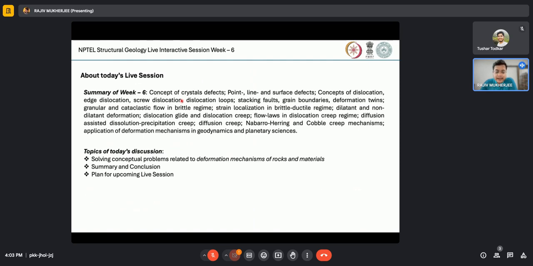So material behavior on a large scale, or on a bulk scale, can either be brittle or ductile. That means there can be a loss of cohesion, but there cannot be loss of cohesion as well.